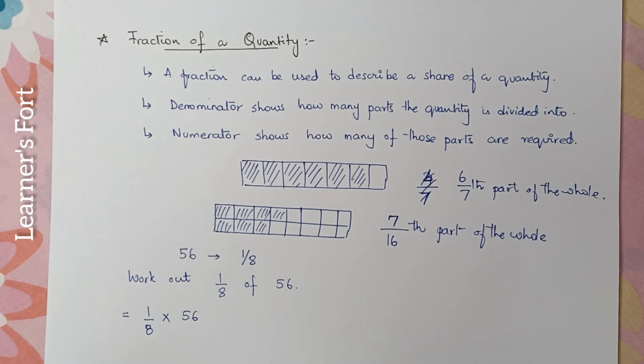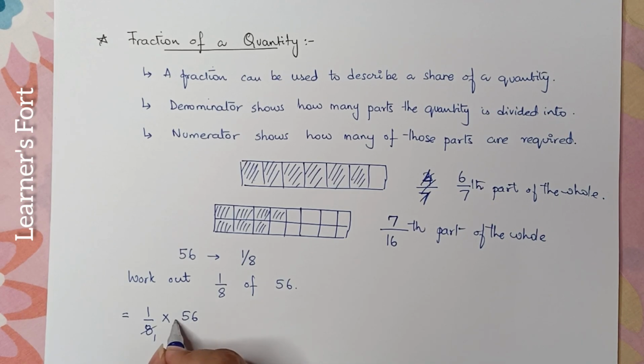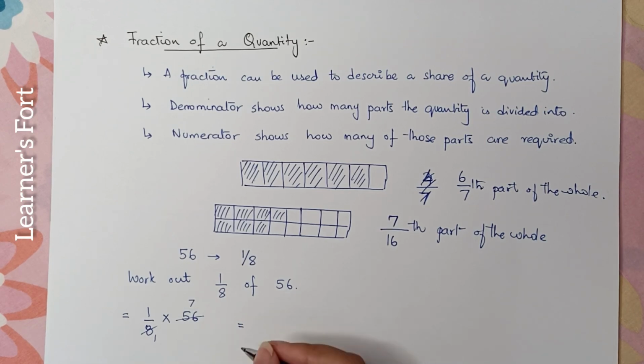So how are we going to calculate it? It means that we are dividing 56 by 8. So how many times 8 is 56? 8 sevens are 56, right? So the answer is 7.